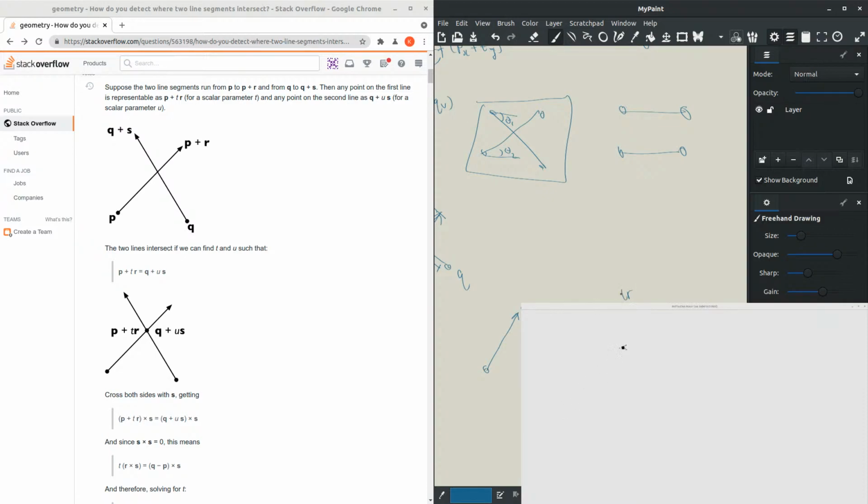Then t times r is a vector pointed in the same direction, so it's now t times 1 and t times 1 for that position.